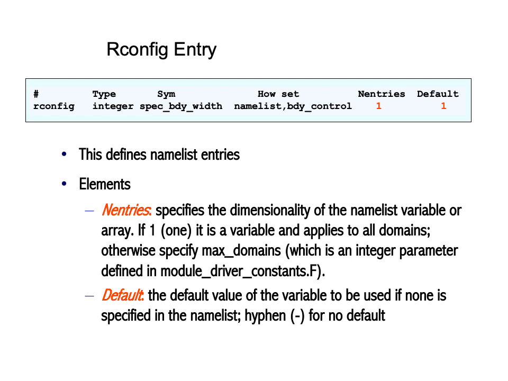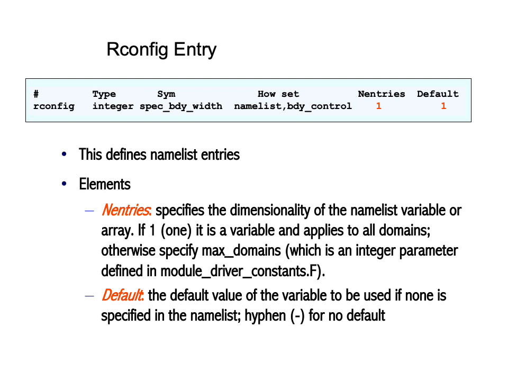The two really helpful pieces of rconfig are the number of entries and the default value. Typically, the number of entries is either the numeral 1 or the keyword max dom. If we have a single entry on this registry rconfig entry, that means that this namelist value is a single entry, a single value.